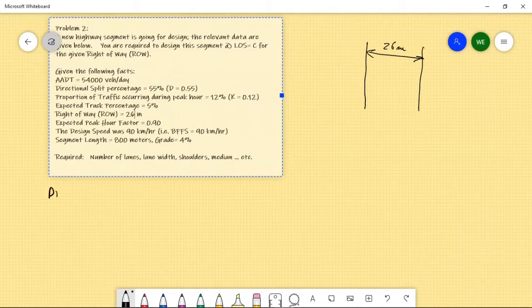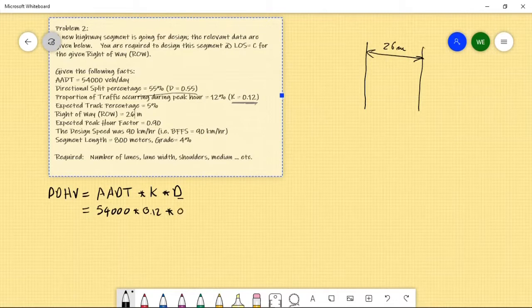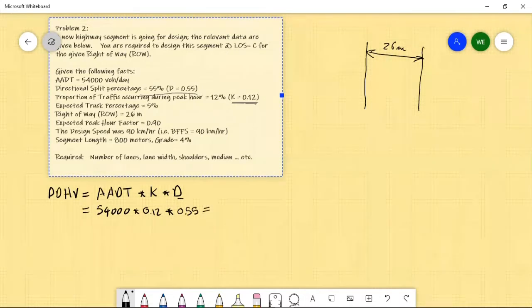DDHV equals the average annual daily traffic volume multiplied by K multiplied by D. That equals 54,000 multiplied by K, which is 0.12, multiplied by D, the directional split, which is 0.55.